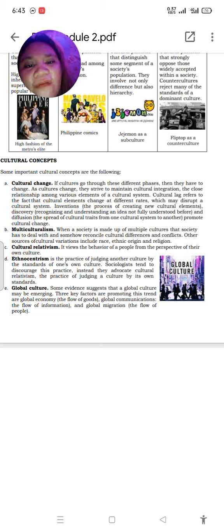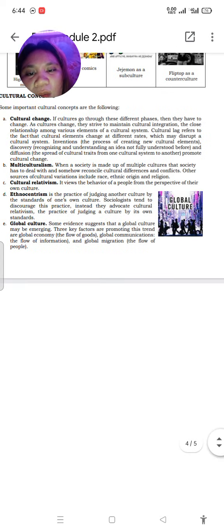Cultural lag refers to the fact that cultural elements change at different rates, which may disrupt a cultural system. Invention, discovery, and diffusion promote cultural change.